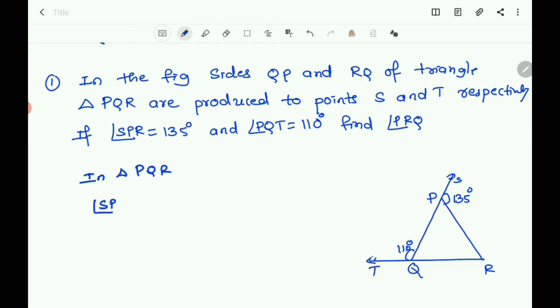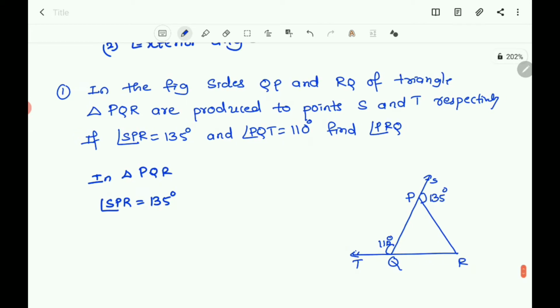Angle SPR is equal to 135 degree and angle PQT is equal to 110 degree.